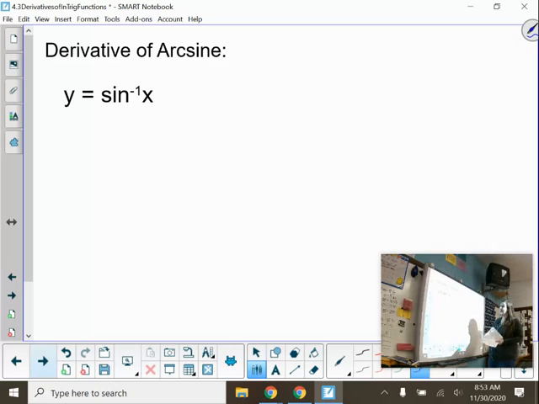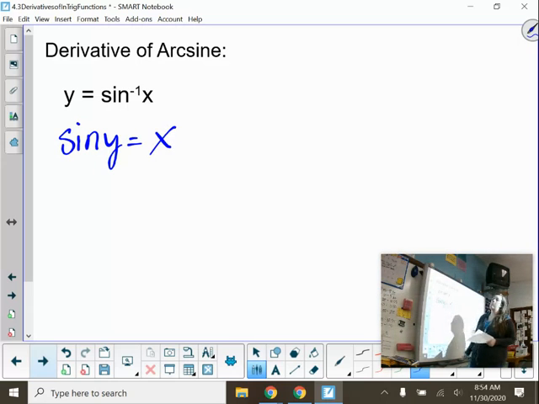Well, if we rewrite this, this means that sine of y is equal to x, because we would solve for y by doing the inverse sine of both sides. That's how we got that inverse sine there.